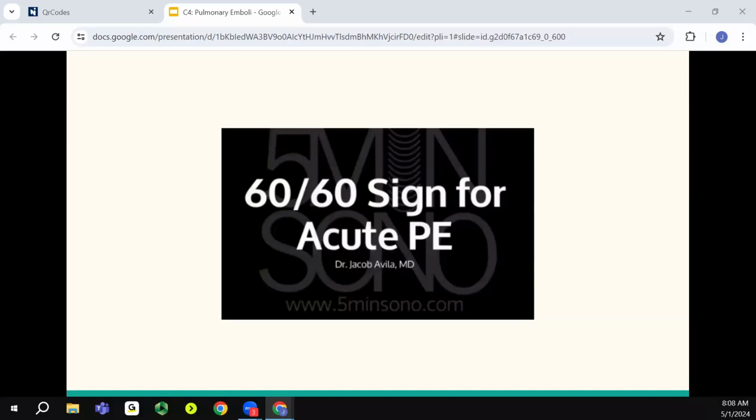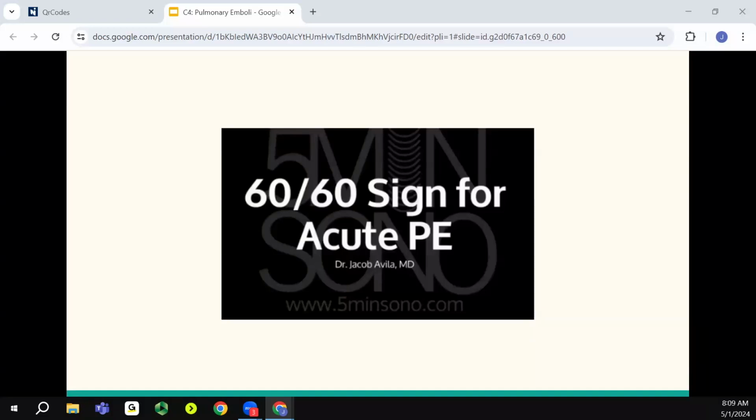So then you go to the pressure gradient across the tricuspid valve. And the theory is that if you have chronic pulmonary hypertension or left-sided heart failure leading to right-sided heart failure, some sort of chronically elevated outflow pressure, the RV is going to compensate, and the patient's going to be able to maintain some sort of a pressure gradient across the tricuspid valve.